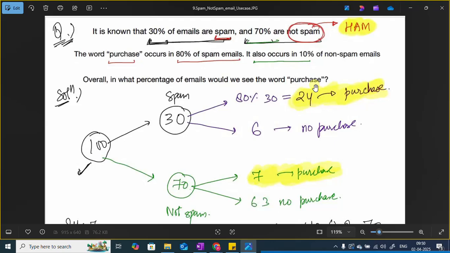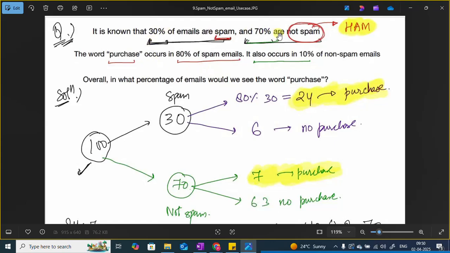So if you read the question, it looks a bit complex, not that easy to solve. Now, what is the skill that you have to learn from today's class or from me? How I am deriving or framing this diagram out of this textual context or problem statement. If you learn this skill from today's class, then you'll be a champion or a master in Bayes theorem, or I can say conditional probability.